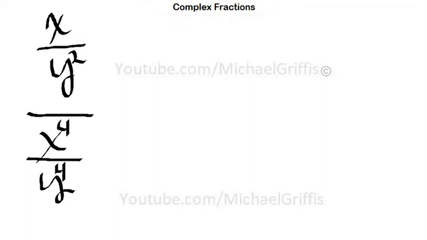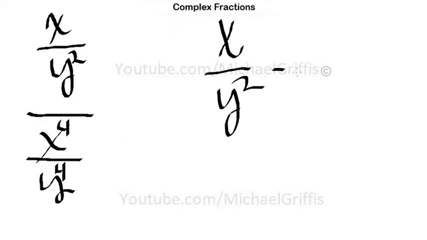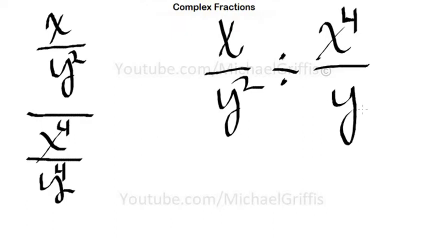Now, you may have seen it written like this: x over y squared divided by x to the fourth over y to the fourth.